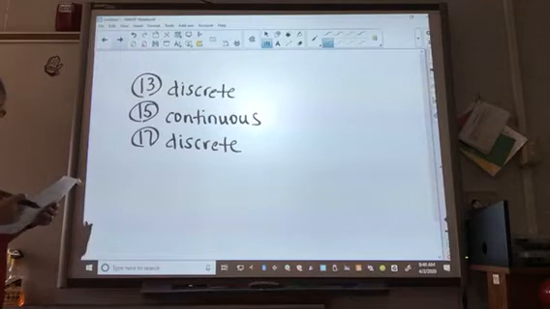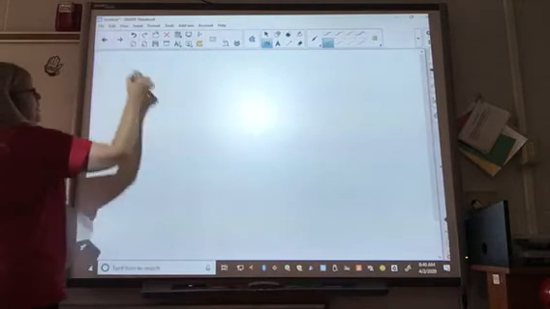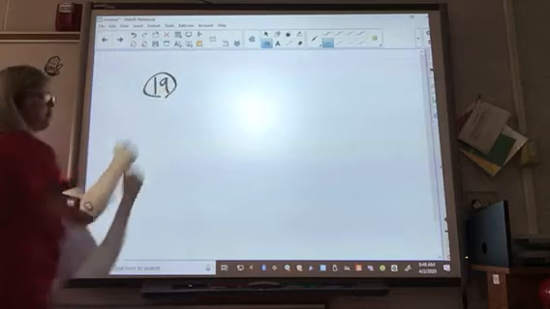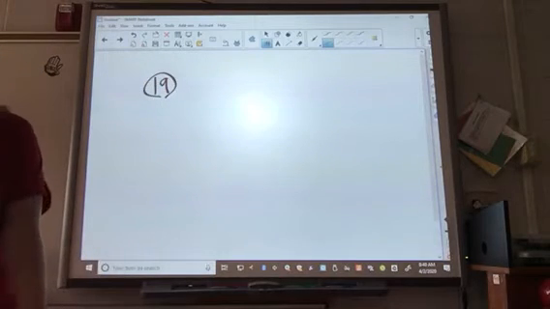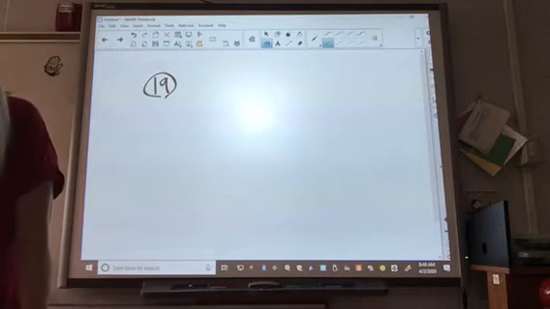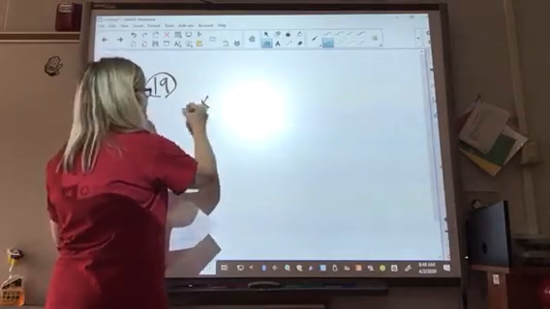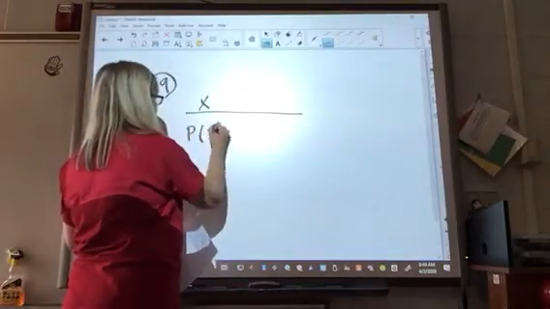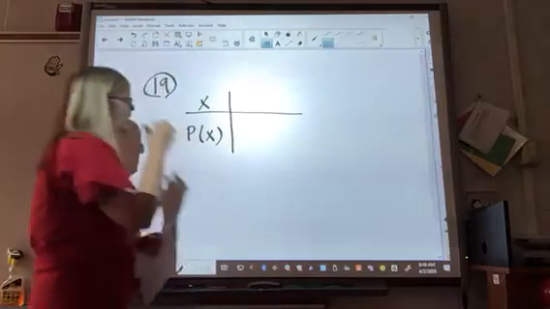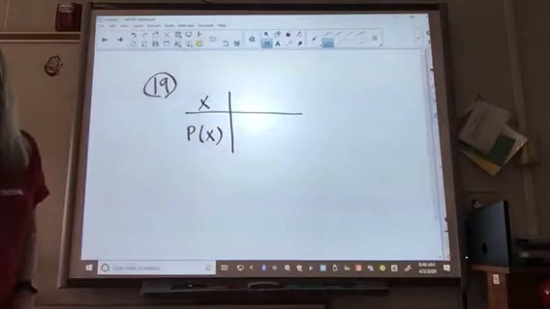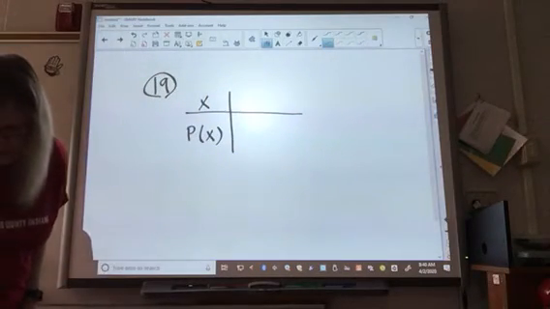Okay, I'm going to do one more problem with y'all, and I think we'll be good. Let's do number 19. The directions say, construct the probability distribution for the data and draw a graph. So, all that means is we're going to make a table with the x values and the probabilities that correspond to those.